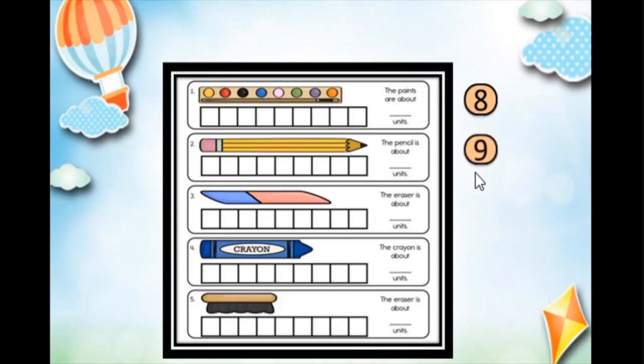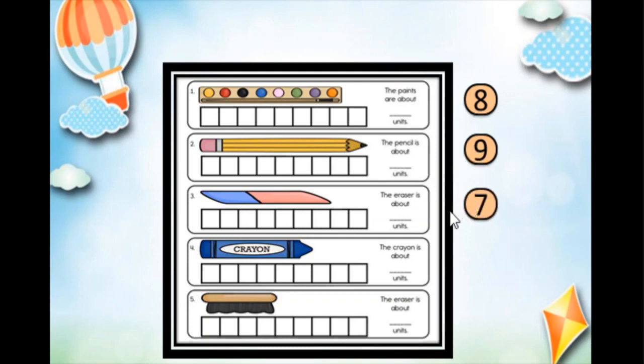Good job, everybody. How about this eraser? How many small boxes long is this eraser? Let's count together. 1, 2, 3, 4, 5, 6, 7. It is 7 small boxes long.